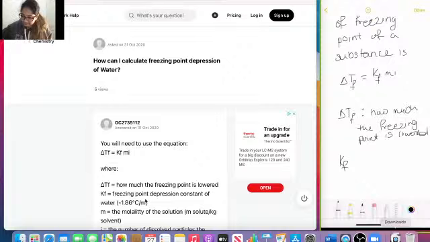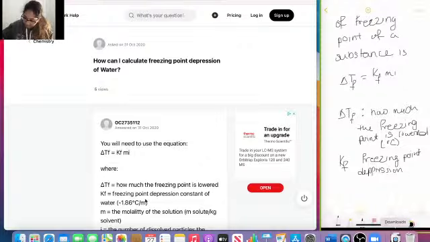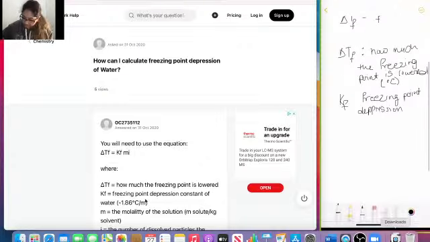This is in degrees Celsius, and so this unit is basically degrees Celsius over molality.